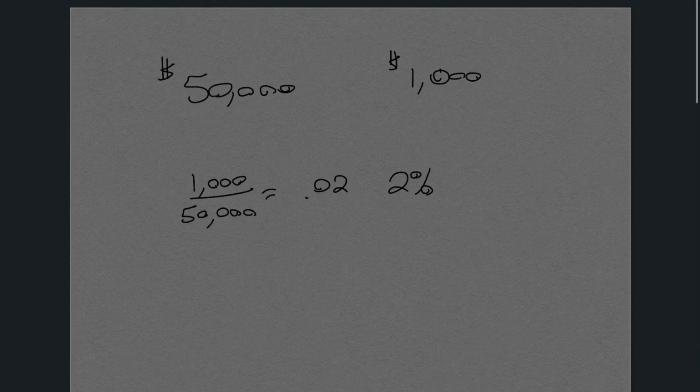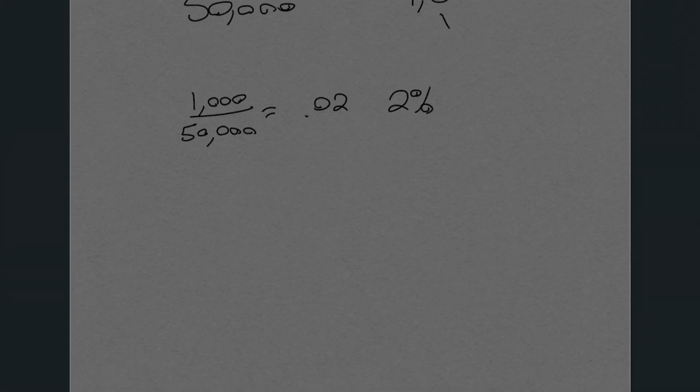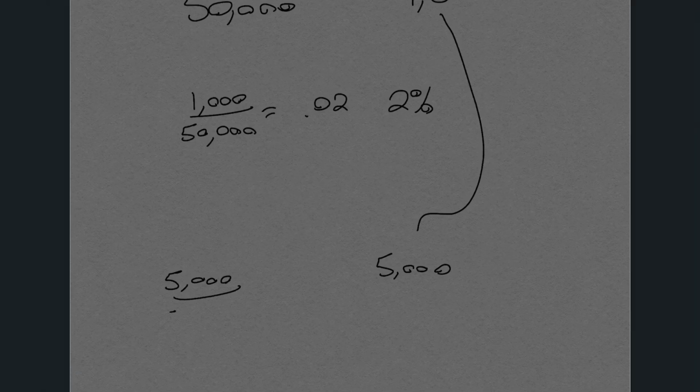Now let's say that the same person, instead of saving $1,000, saves, let's call it, $5,000. Then the ratio would be 5,000 over 50,000, which is their income, which is 0.1 or 10%.